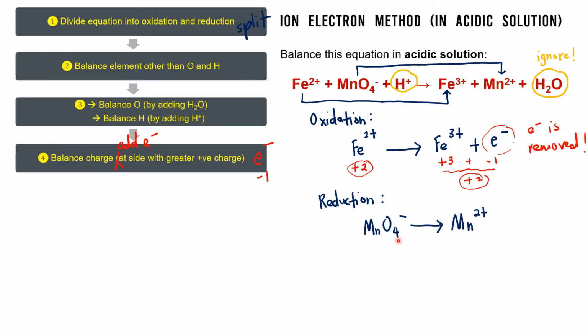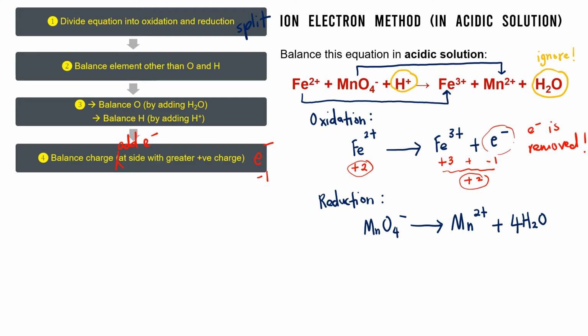So kiri ada 4 O, kanan tiada. So kena buat apa? You have to balance O by adding water. So meaning that di sebelah kanan, we have to add water. Berapa banyak? Ada 4 O sebelah kiri, kanan pun mesti kena 4 O. So you have to add 4 water di sebelah kanan.